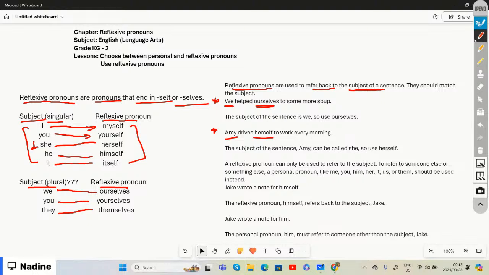And remember the difference between a reflexive pronoun and a personal pronoun. The reflexive pronoun refers back.